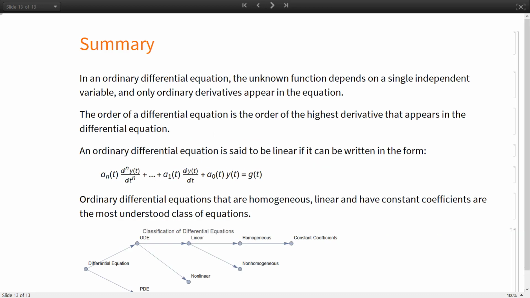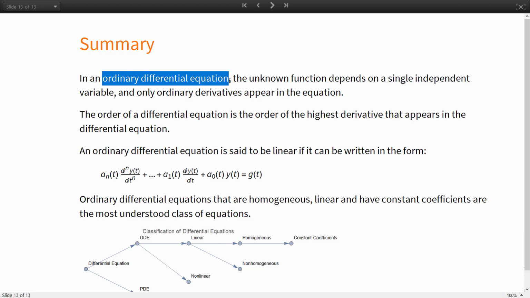In this lesson, we reviewed some of the important concepts when classifying differential equations. We saw that in an ordinary differential equation, the unknown function depends on a single variable and only ordinary derivatives appear in the equation. The order of a differential equation was seen to be the highest derivative that appears in the differential equation.